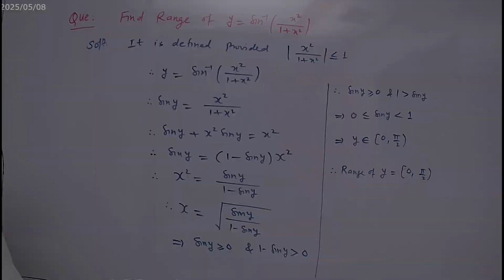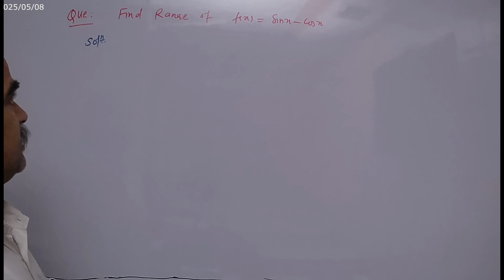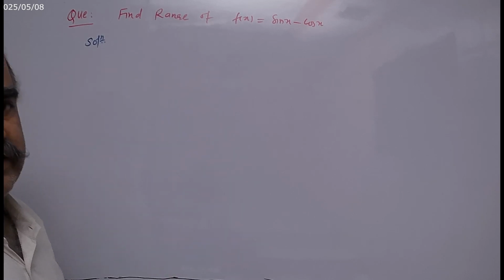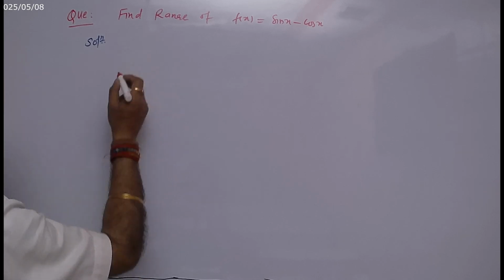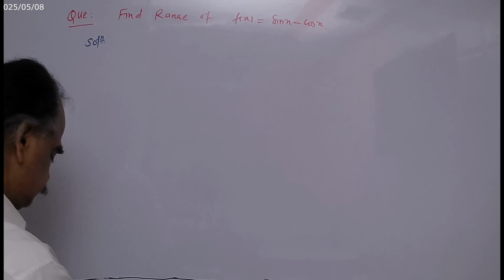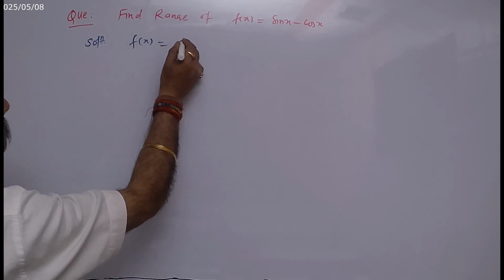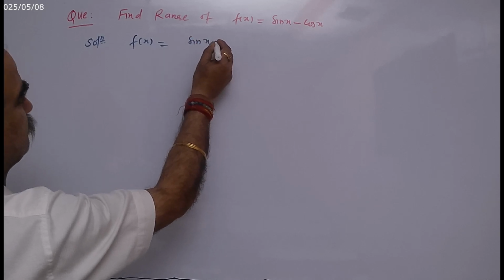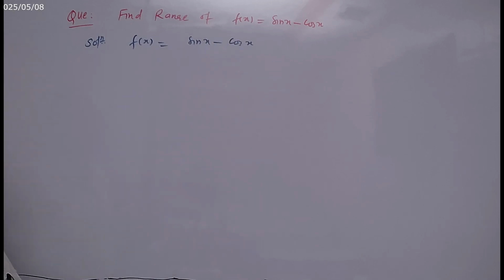Next problem on range is what? Find range of f(x) is equal to sin x minus cos x. In case of sine and cosine, we will convert this in the form of either expansion of sine or cosine.